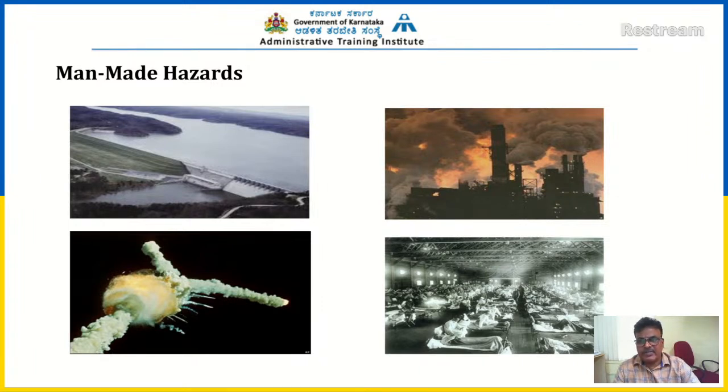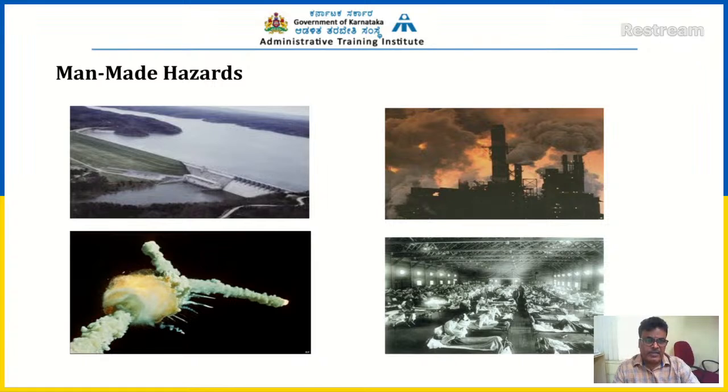You can also consider biological missiles. I don't know whether it was just a rumor that Russia and Ukraine are likely to use such types of missiles. But this type of disaster is also a very major disaster, leading to huge loss of life if it is done. This is also a man-made disaster.